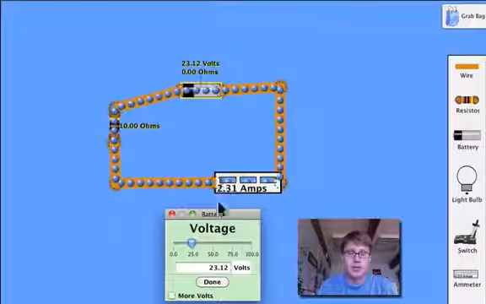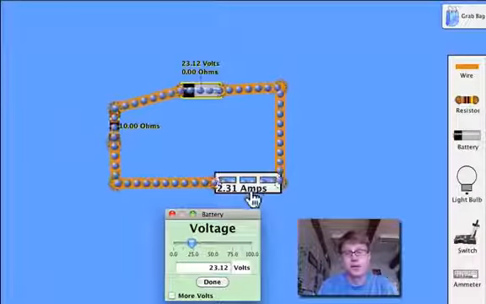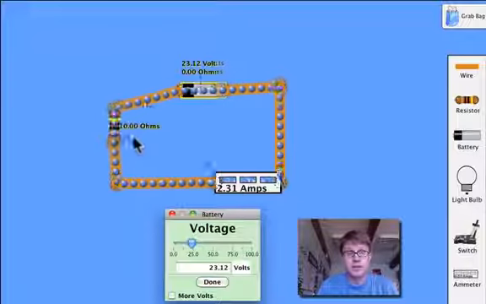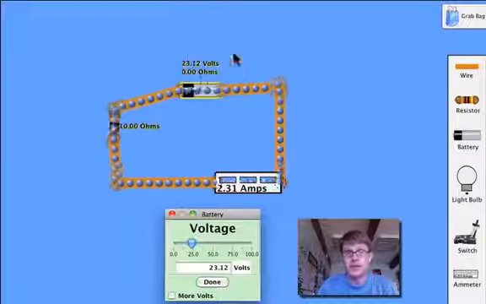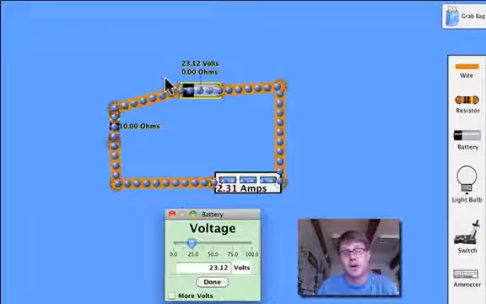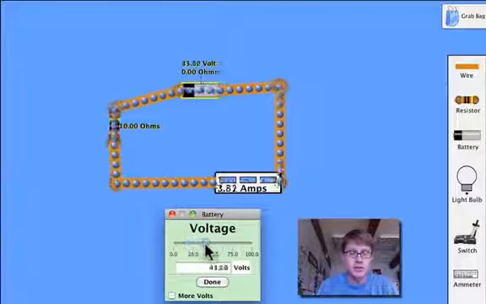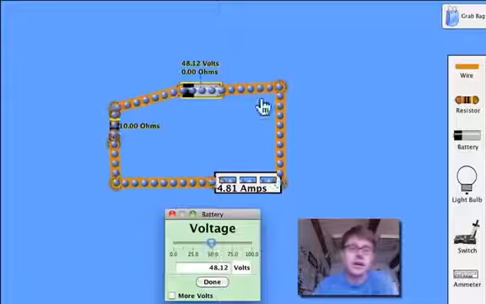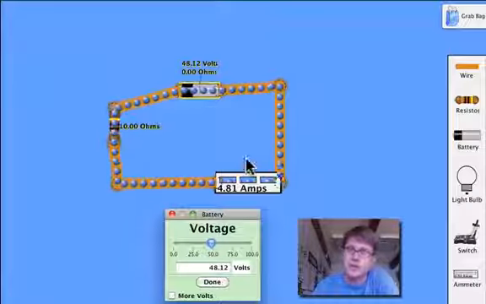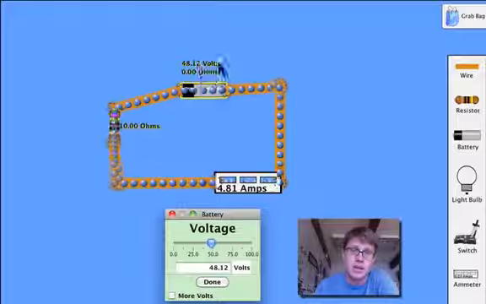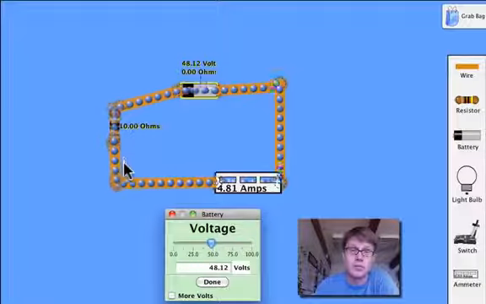What's going to happen to the amps or the current? The current is going to increase. The resistance stays the same, and so as I increase the voltage, the current's going to increase. And the cool thing about this animation is, watch, if we increase the voltage even yet, it shows the electrons, or it tries to represent the electrons in their speed. And so the more volts that we add to our battery, the more current we get moving through it.